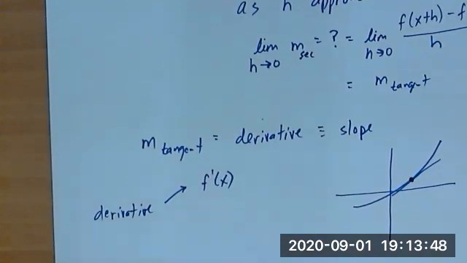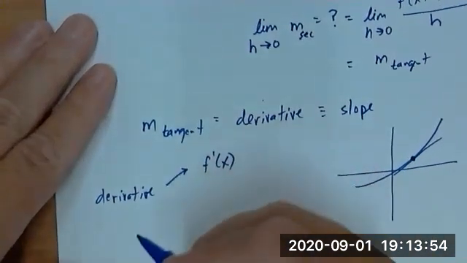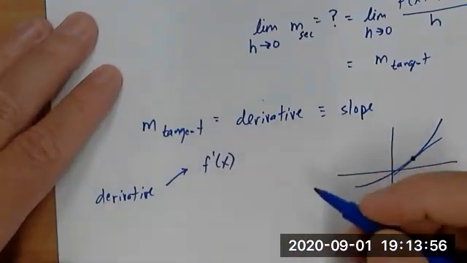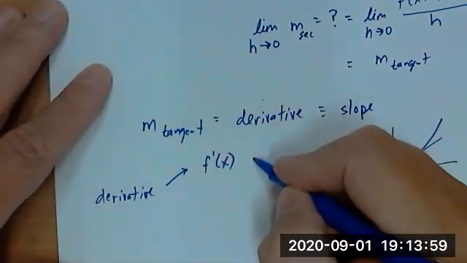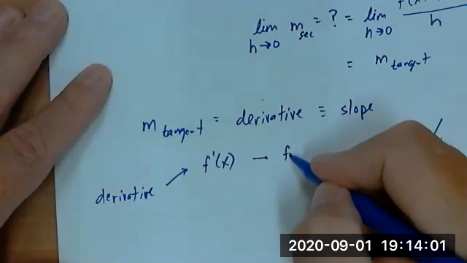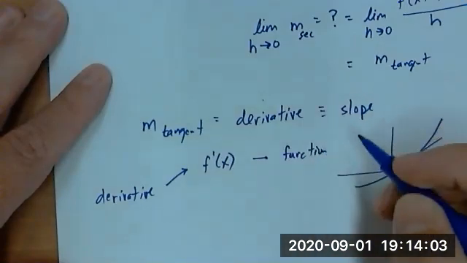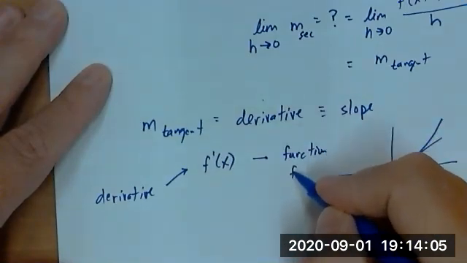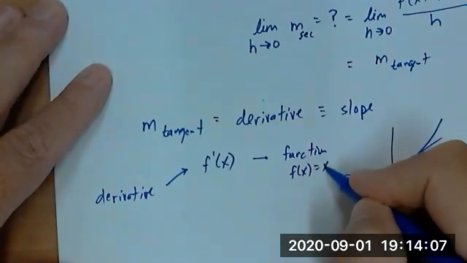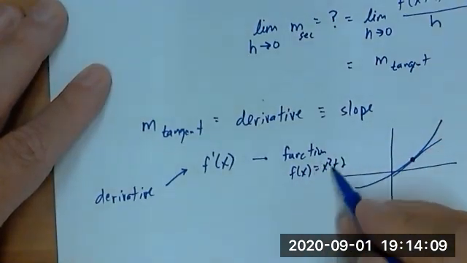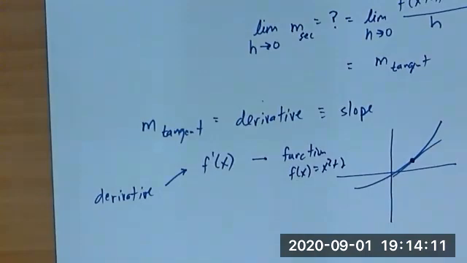So f of x is like your function, it's your curve. But there's a second way. So this sort of is when you're using function notation. So you know f of x equals x squared plus 2. You're given some function, and if you want to find the derivative, it's written like this.